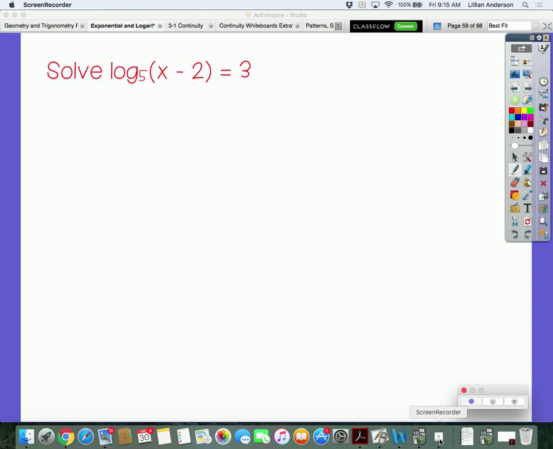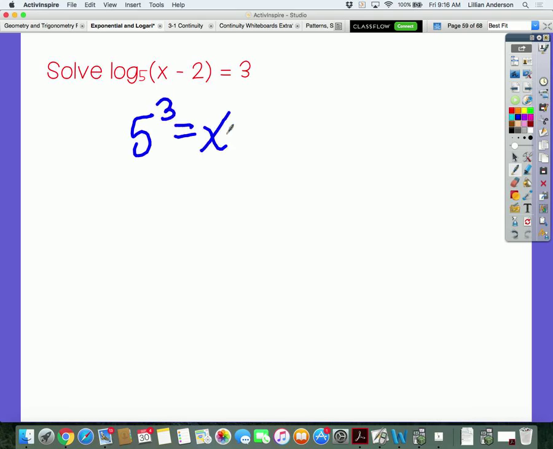So, another way that you can solve a logarithm is to go ahead and default back to what we first talked about when we talked about logs and evaluating them. How did you evaluate a log a few days ago? And that is doing what? Putting it into the other form, which was called exponential.